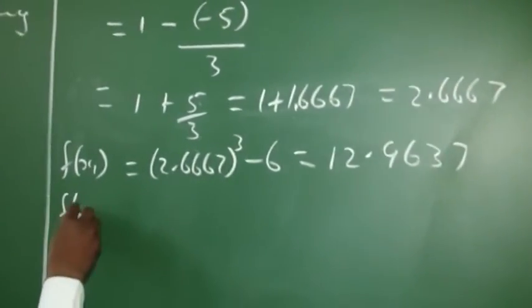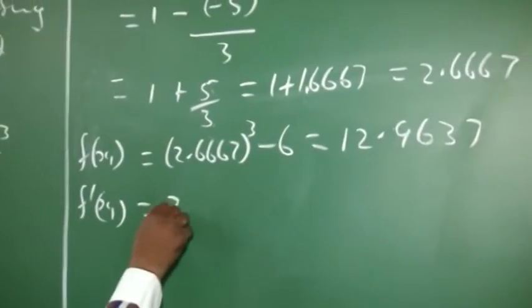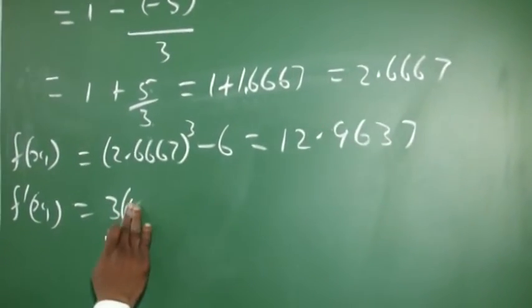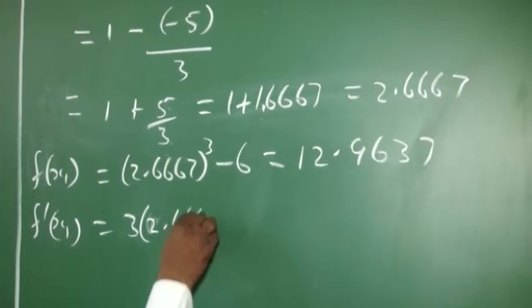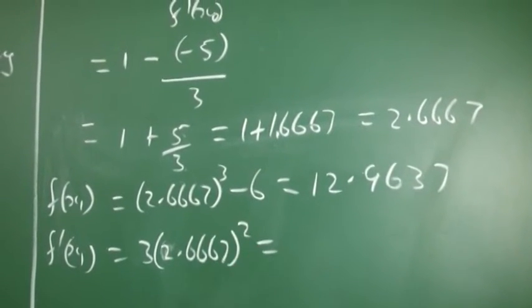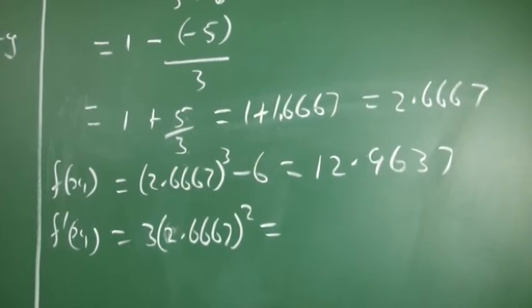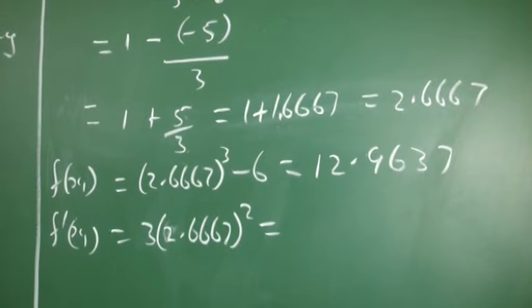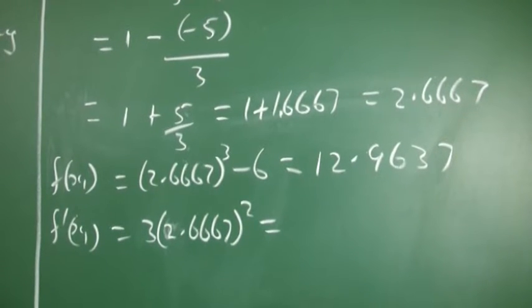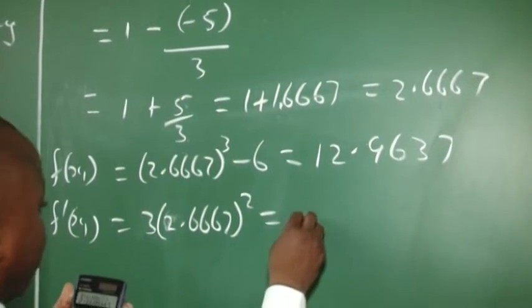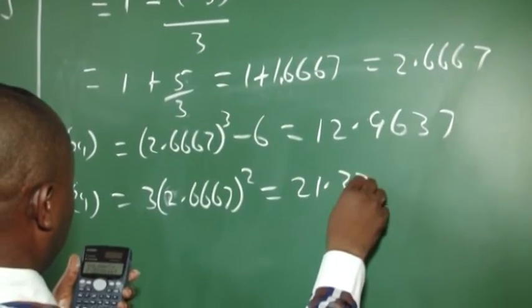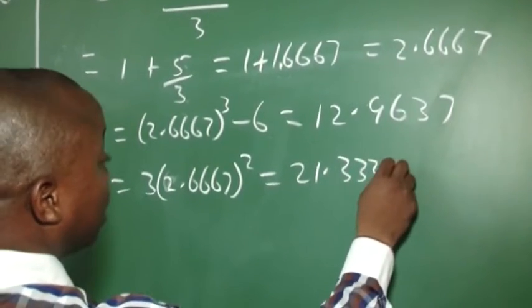F prime of x1 is 3 times 2.6667 squared, which gives us 21.3339.